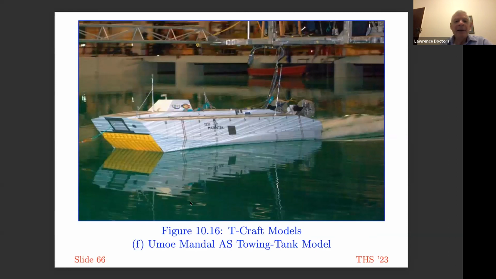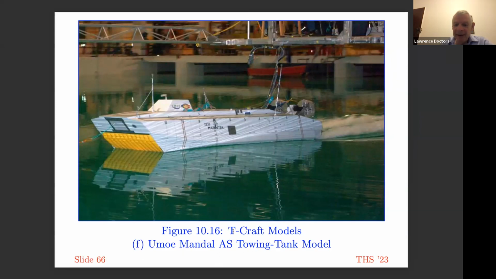Finally, I have done some calculations applying these theories to actual models. This is a model of a surface effect ship, a sidewall hovercraft. This is all part of a big project supported by the Office of Naval Research in the US called the T-Craft project.